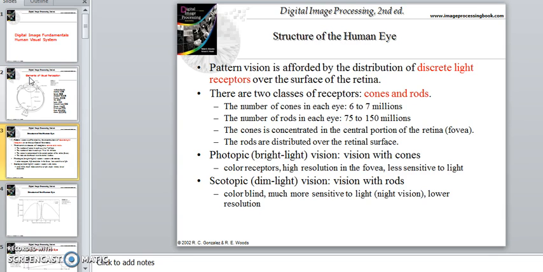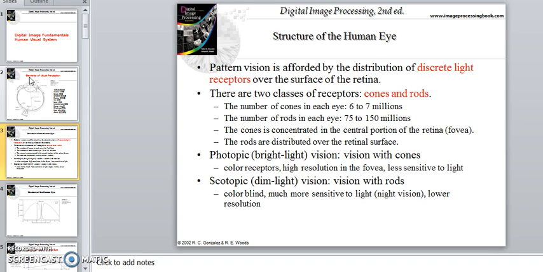The rods are abundant, about 100 million in the human eye, and spread evenly about the retina, except at the fovea, where there are almost none. The fovea is the area of the retina where our vision is sharpest.